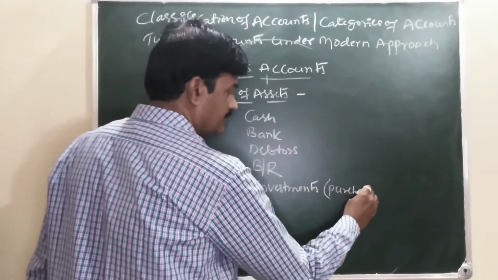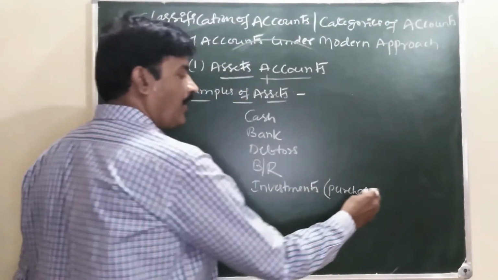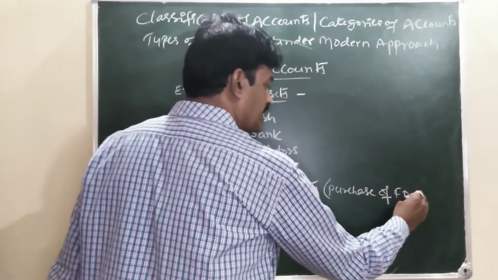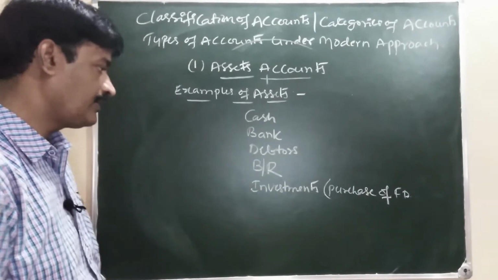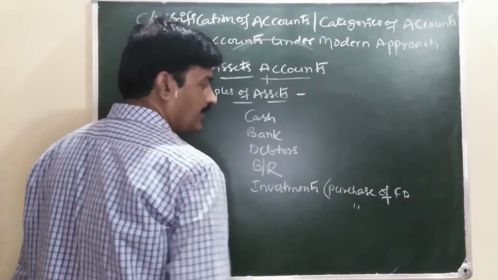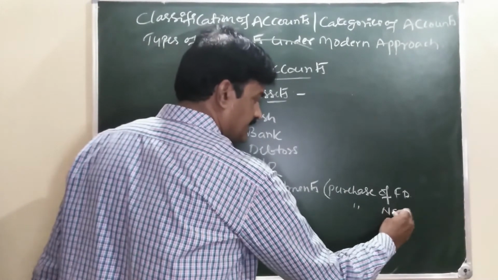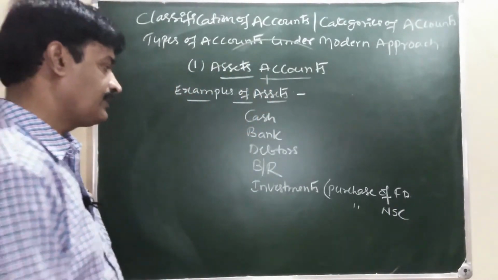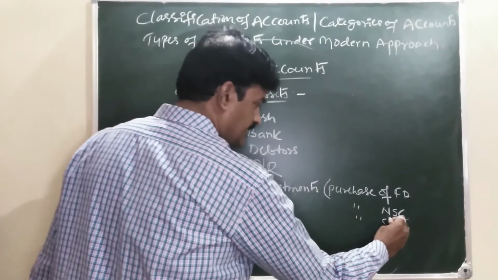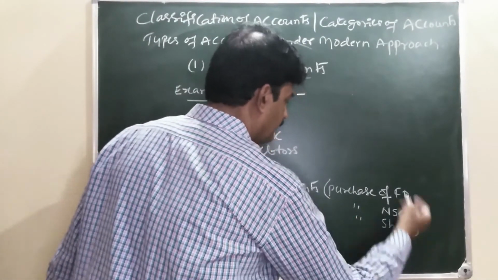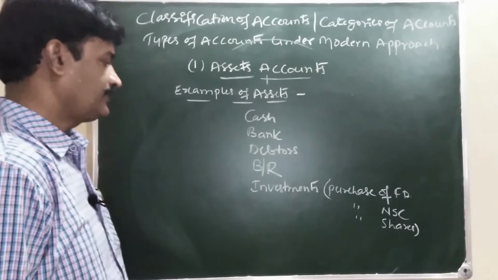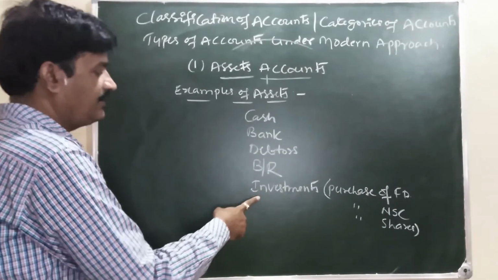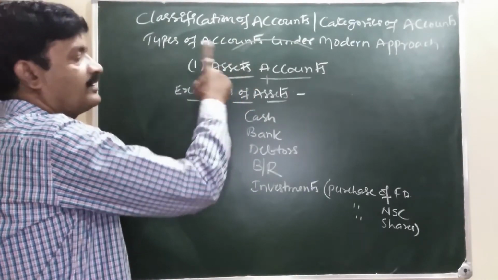Purchase of fixed deposits of bank, purchase of national saving certificates of post office, purchase of shares of company, come under investment. Investment comes under what?